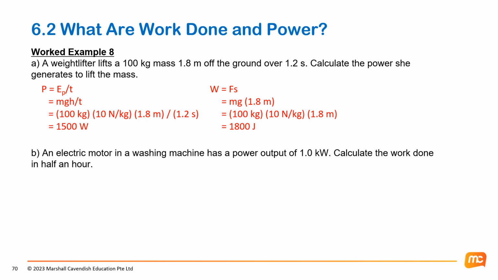You will realize we get the same numbers, and our work done is 1800 joules. After that, in order to find the power, we take the work over time, so we divide by 1.2 seconds and we get the same answer of 1500 watts.